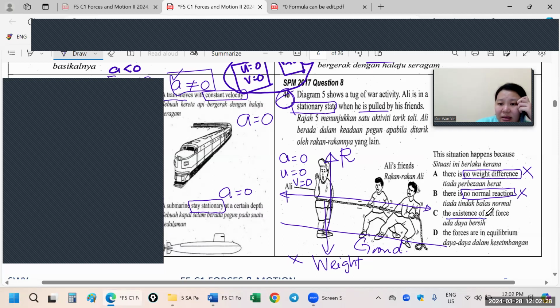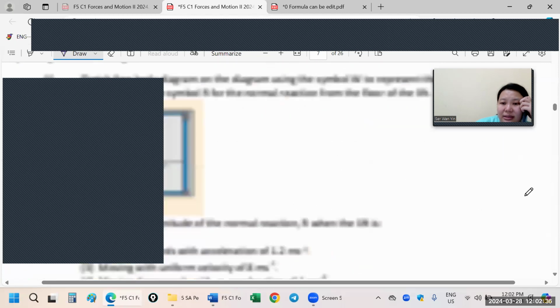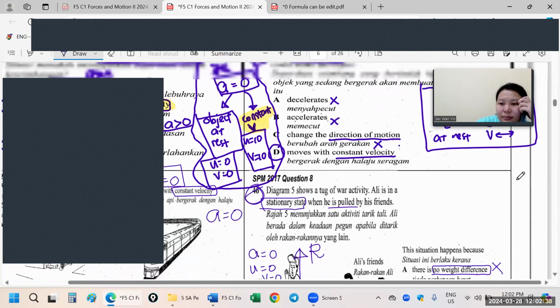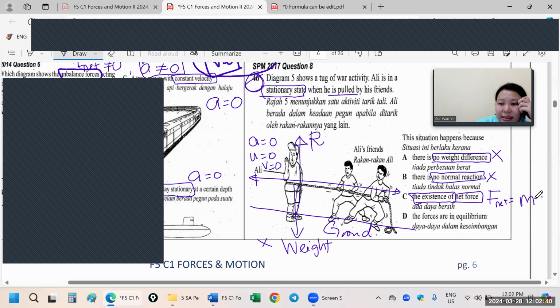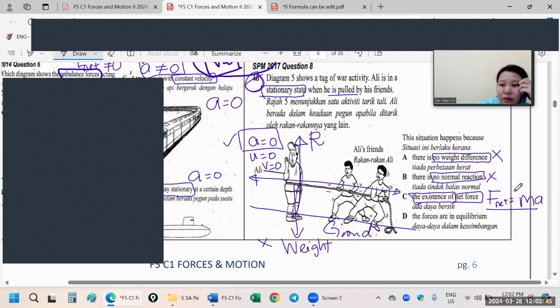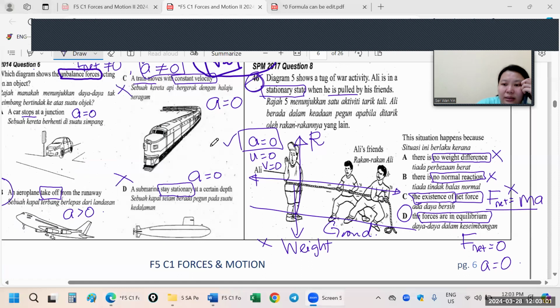So the existence of net force means there is acceleration, but we want acceleration 0. So wrong. So answer is D. Forces in equilibrium means net force equals 0, acceleration equals 0. Thank you, Bethany. Thank you, Sabine.